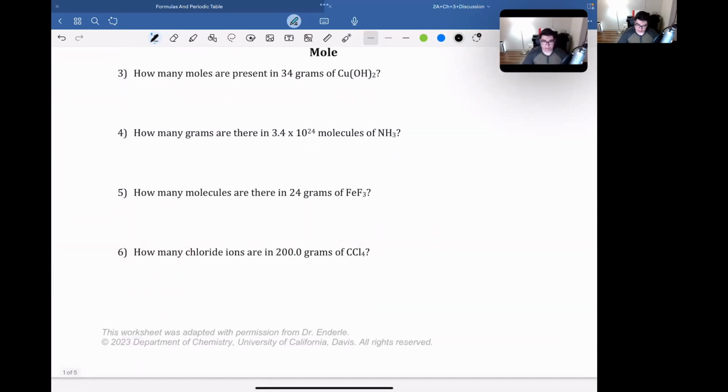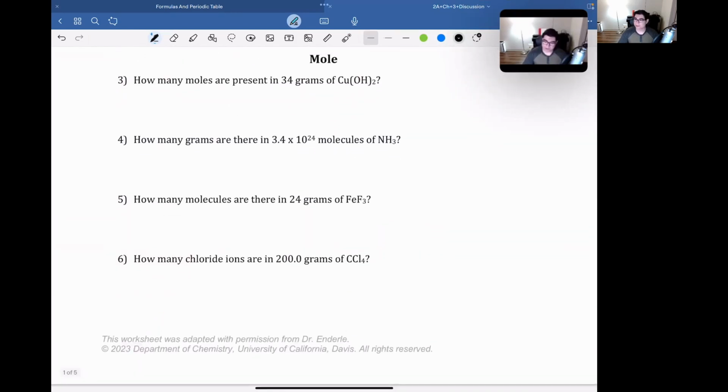All right. 3. How many moles are present? One thing I do want to note is, what is a mole?